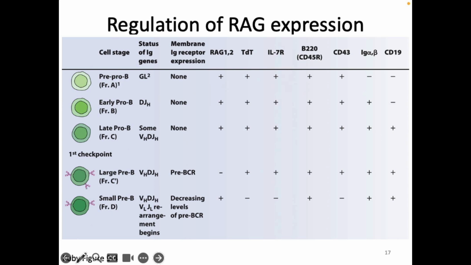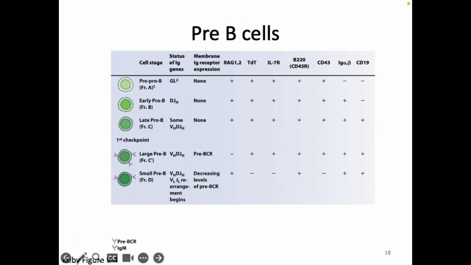And when we turn RAG back on, RAG is not going to the heavy chain anymore. RAG is now going to go to the light chain and make light chain rearrangements. And so you can see the final thing that our pre-B cell is doing is putting RAG back on, and it's doing rearrangement of the light chain, V to J of the light chain.